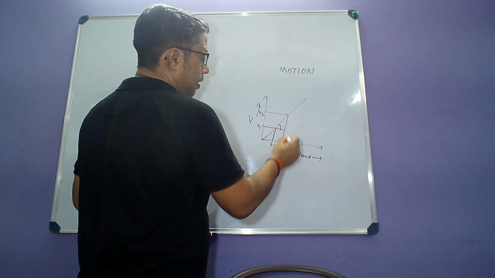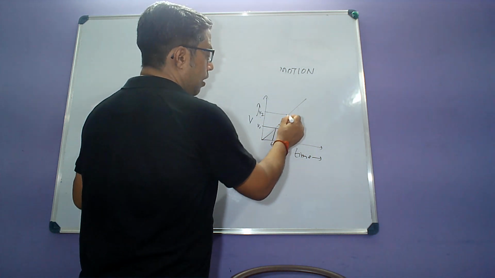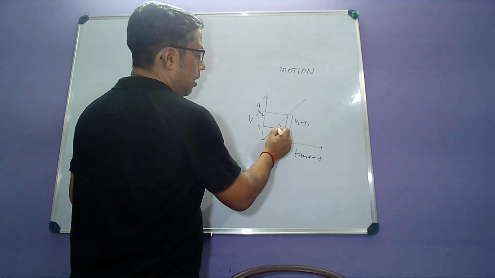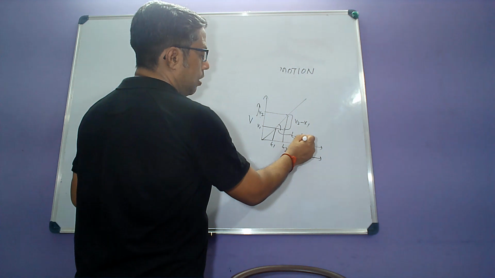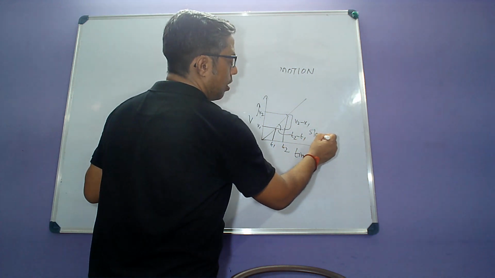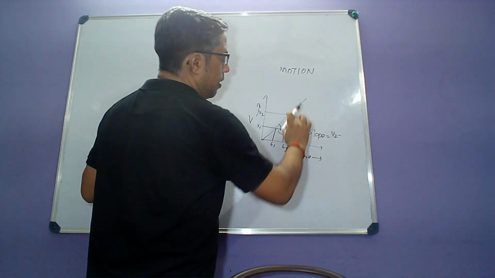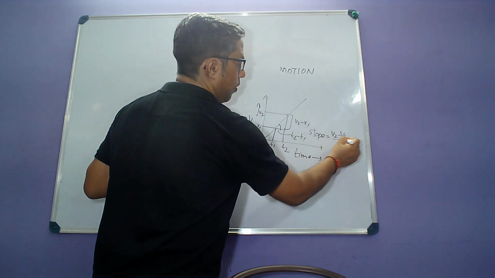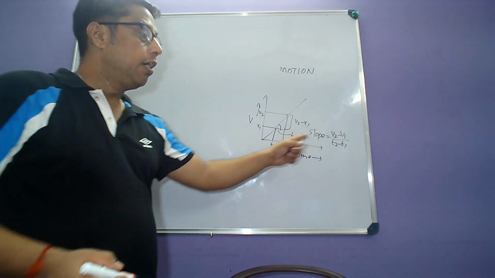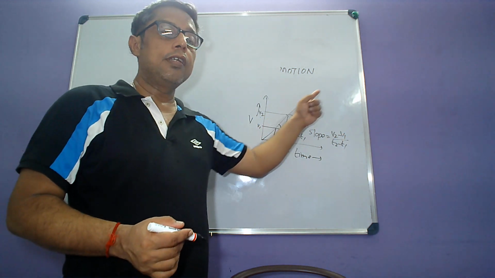Slope means, let's say this interval is v2 minus v1 and this will be t2 minus t1. So slope will be the difference in the y-axis, v2 minus v1 by t2 minus t1. This will be the slope, and this slope will be constant for the straight line.